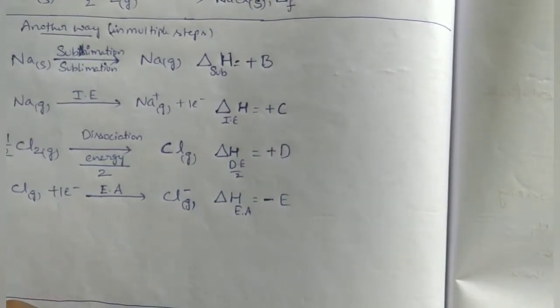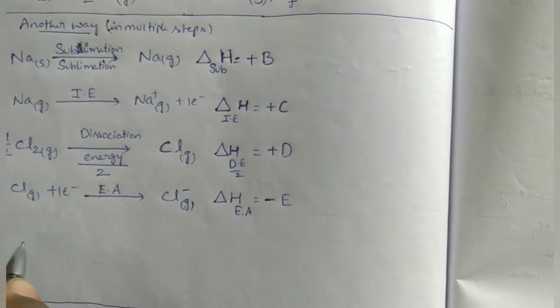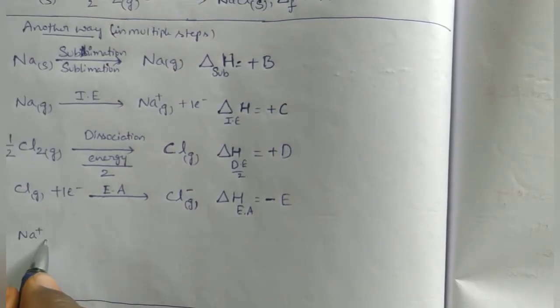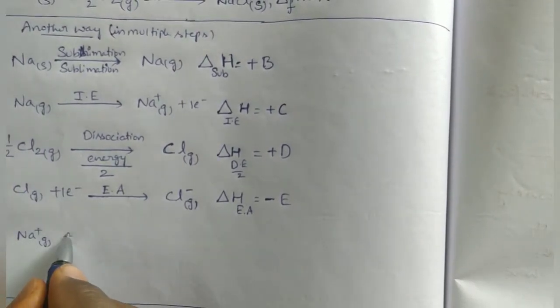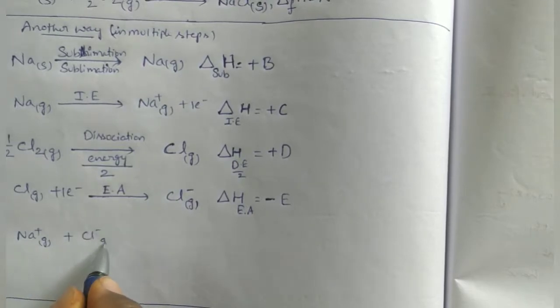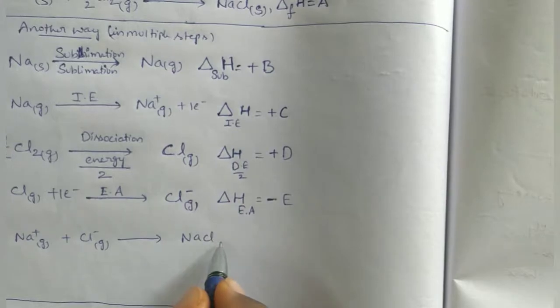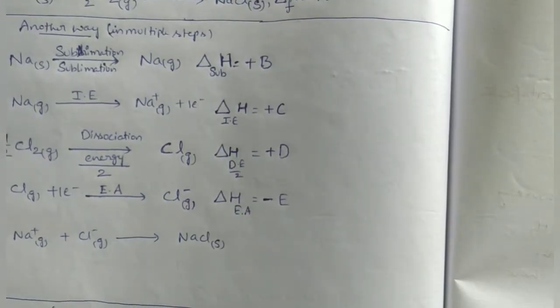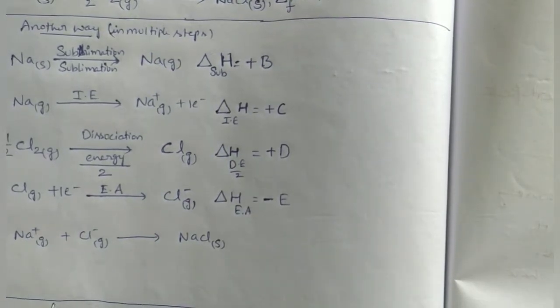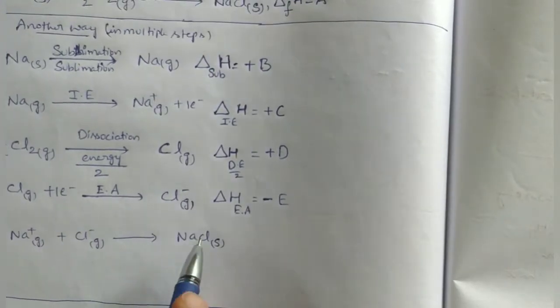Okay. And final 5th step. This Na plus gas is going to be converted to Cl minus gas to form NaCl solid. Na plus gas combined with Cl minus gas to form NaCl.